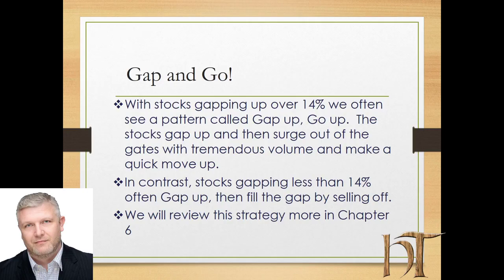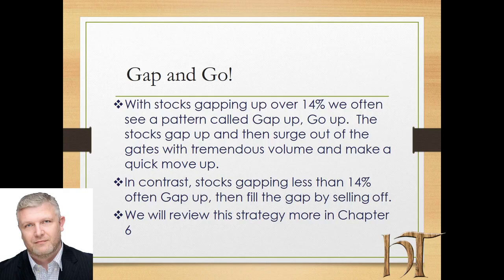Stocks that gap down more than 4% often are also going to fill the gap and pop back up. So I find this a little bit interesting that stocks that have a big gap down often pop up at the open. So it's kind of the opposite of what we're seeing here.